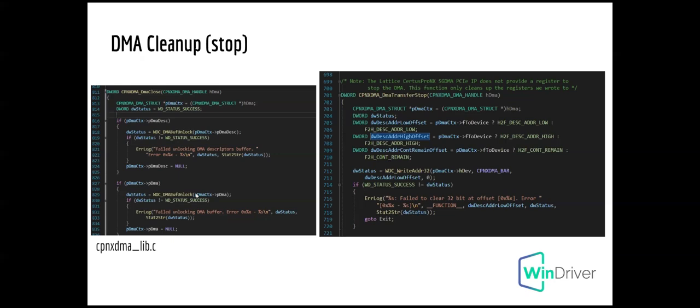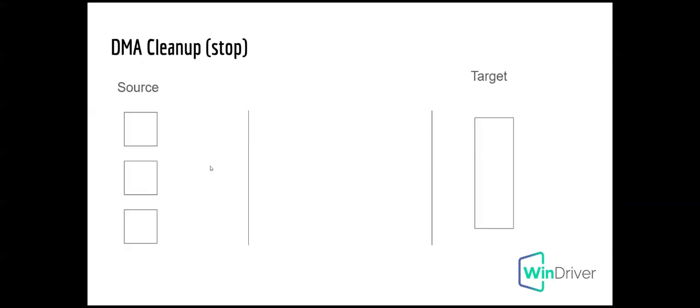Okay, so it unlocks everything, cleans all the memory, offset everything that we've captured and transferred during the DMA, and we return to where we started. Okay, we have a clean slate. The source and the target are now ready for another DMA. You don't have data left or scattered around uncontrolled.